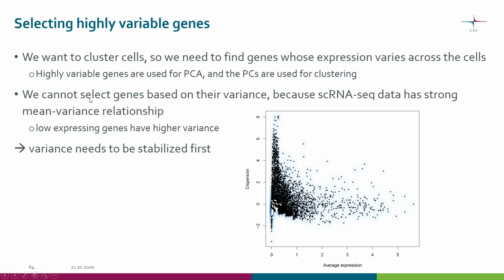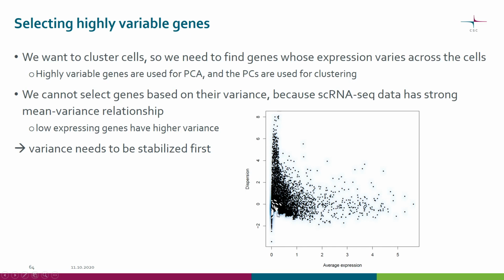Now we cannot just go and select genes based on their variance, because single-cell RNA-seq data has a very strong mean variance relationship. What this means, if we have a look here, the black dots are genes. On the x-axis we have average gene expression, so genes which are expressed at low level are here and high expressors are here. And on the y-axis we have dispersion or variance.